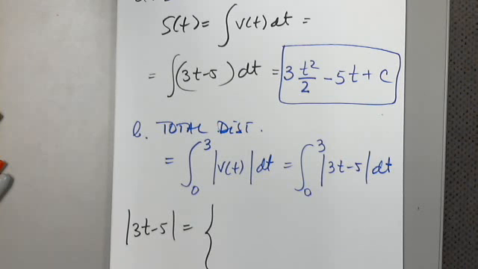I will not ever be able to give you an antiderivative of a function that is absolute value. So then what are the options?